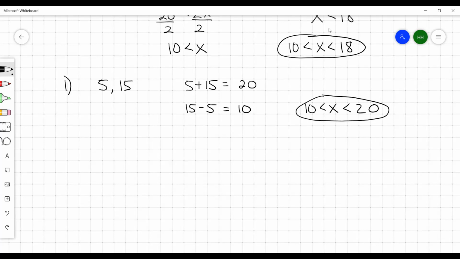Now, if you look at answer choices B and C, when it says at least 10, that includes the 10. If it says at most 20, that includes the number too.